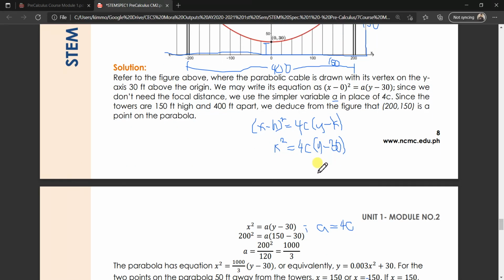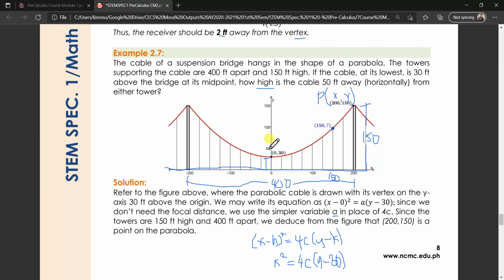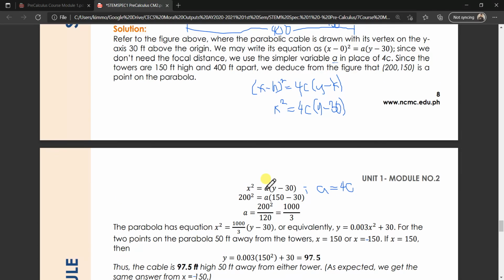So ang atong gipangita una is our A. Because ang distance nga A that is always constant sa any point sa atong parabola, di ba? So substituting 200 nga x and 150 nga y, so we have 200 squared is equal to A times 150 minus 30. Or that is, kani may man siyang 120.